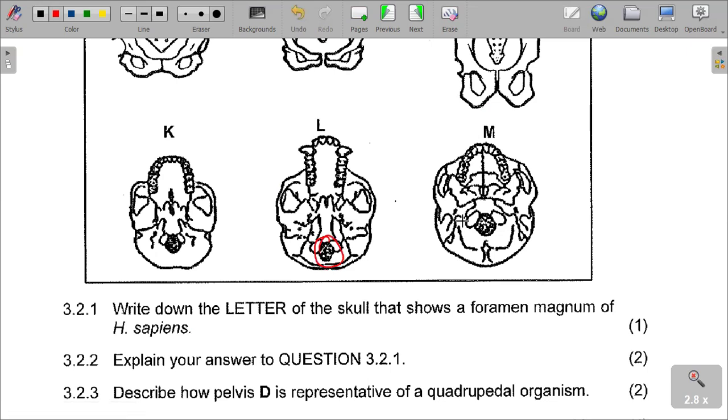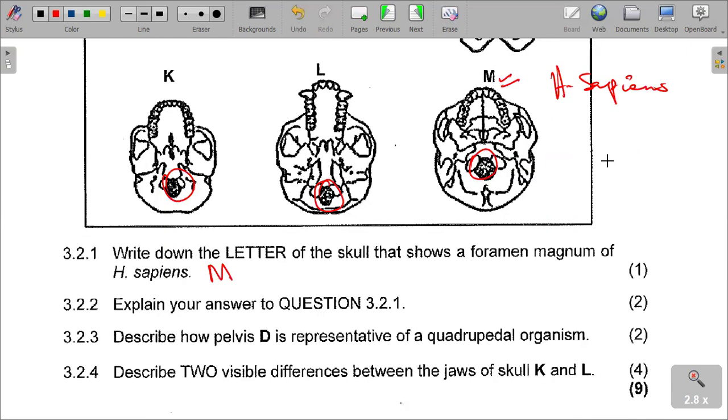The letter of the skull that represents Homo sapiens is M.